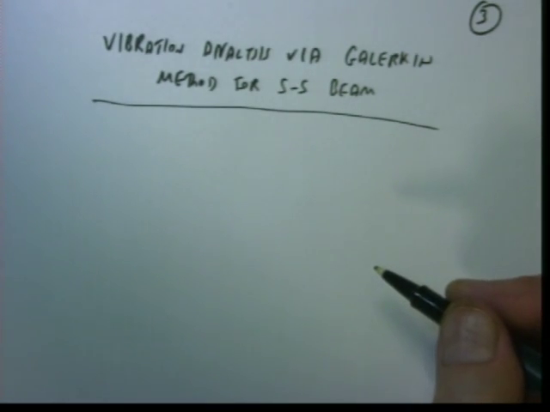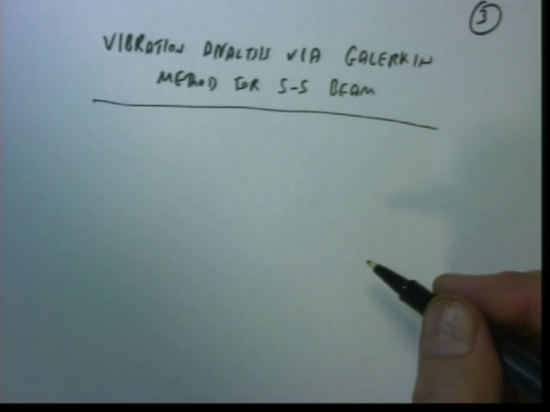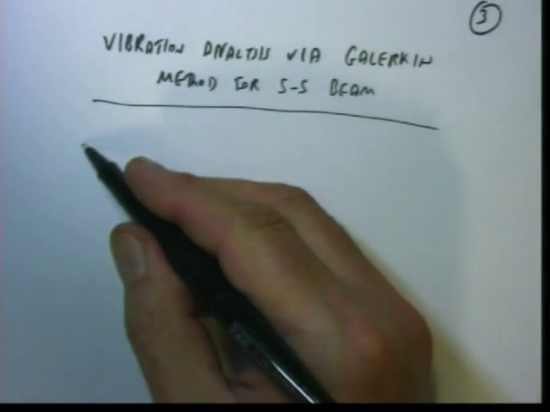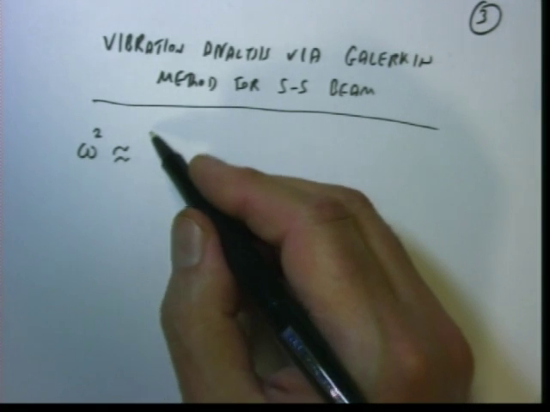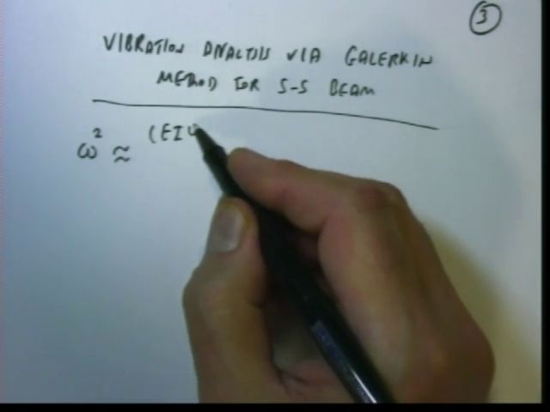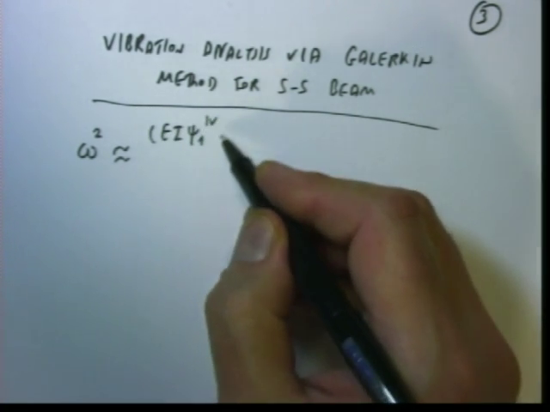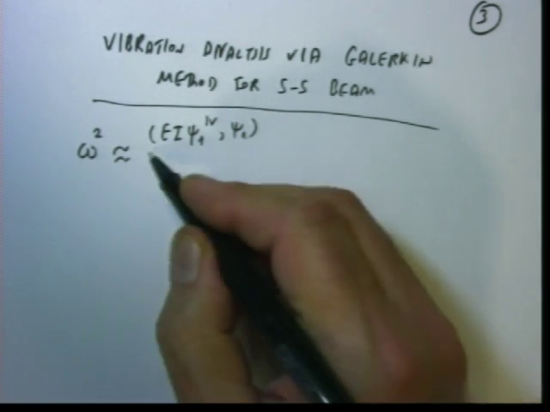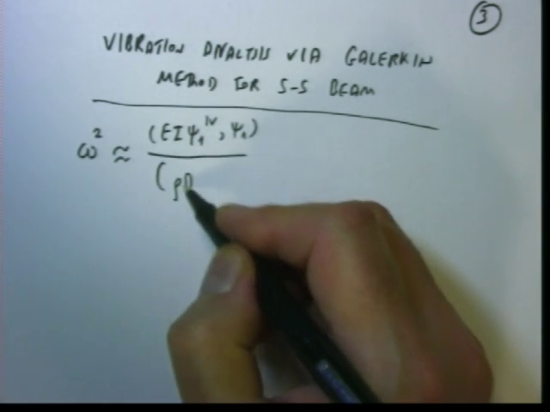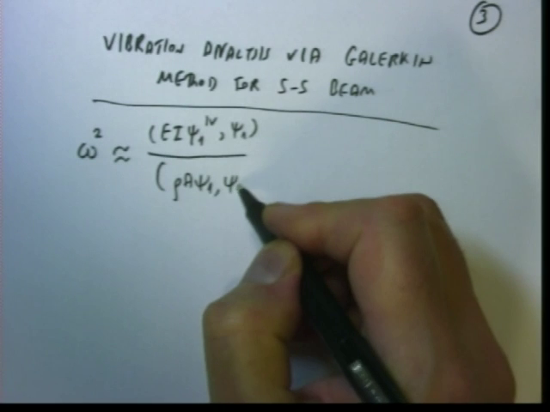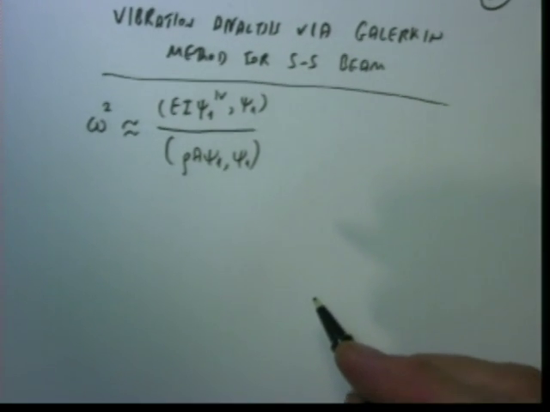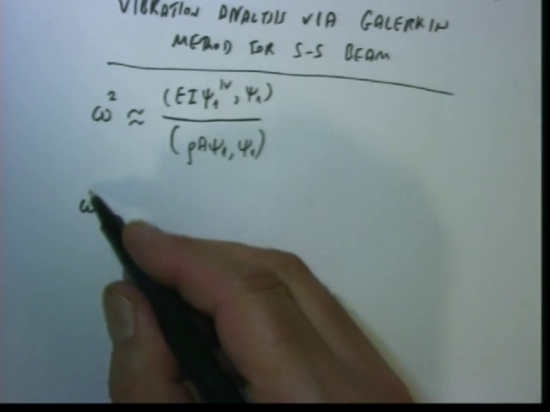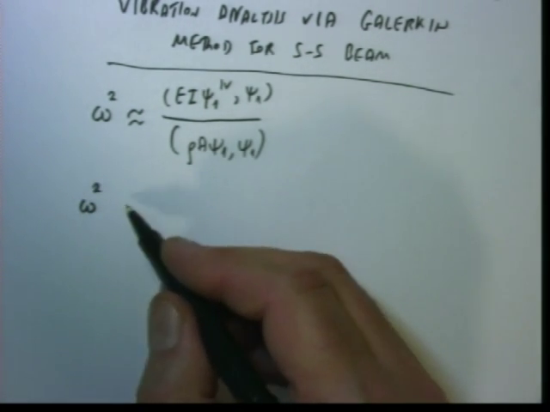Okay, so the results were like this. So omega squared were approximated as, if you remember, EI psi 1 fourth derivative psi 1 divided by rho A psi 1 psi 1. And these calculations yield, look, omega squared, so that is an approximation.